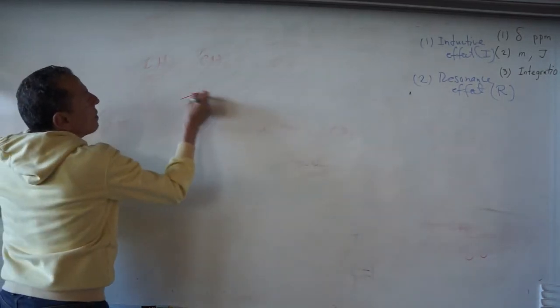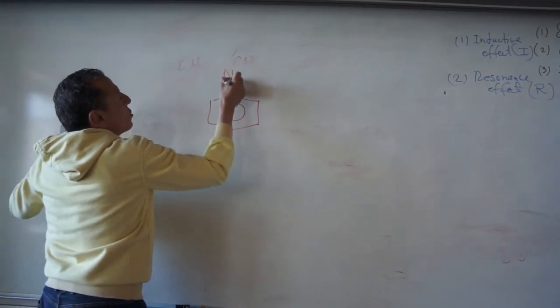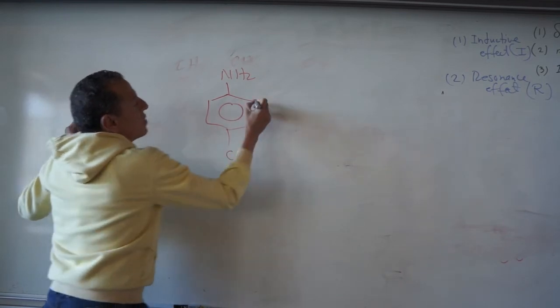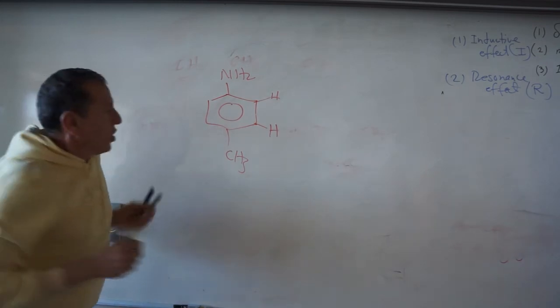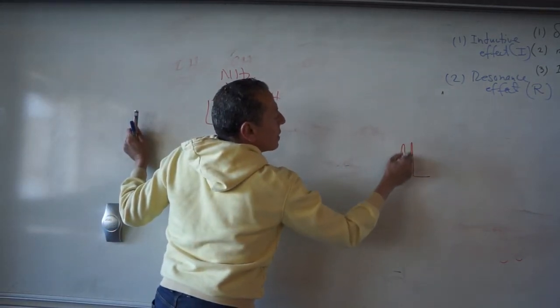Like in a benzene ring, when we take this example with NH2 this time, this proton and this proton are both cis. It means that when you see the doublet, you will see the doublet like that.